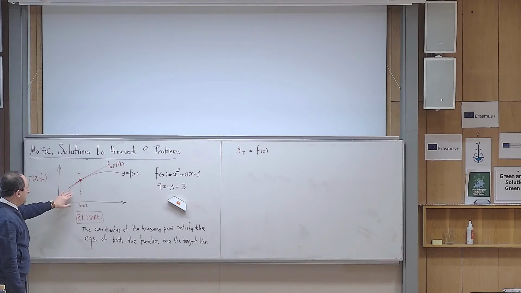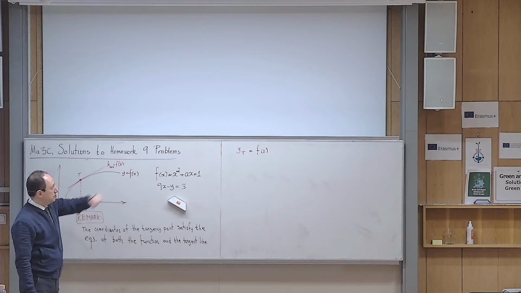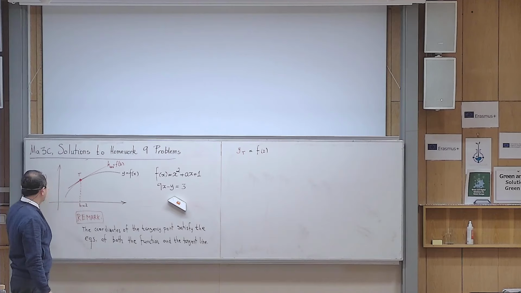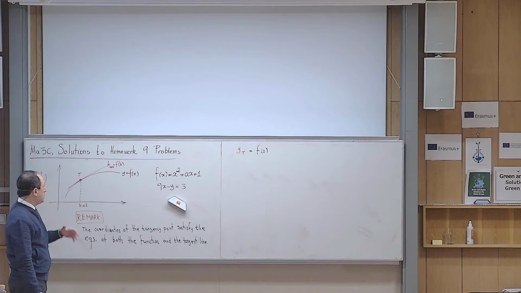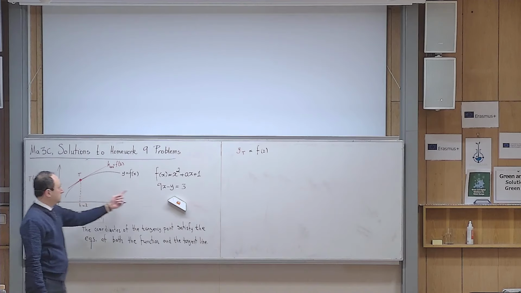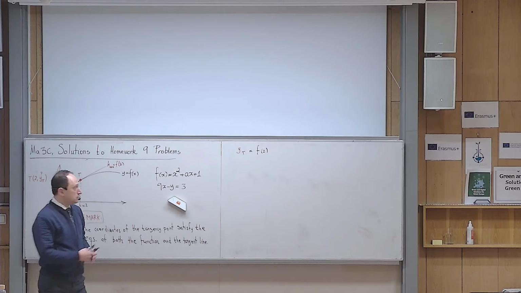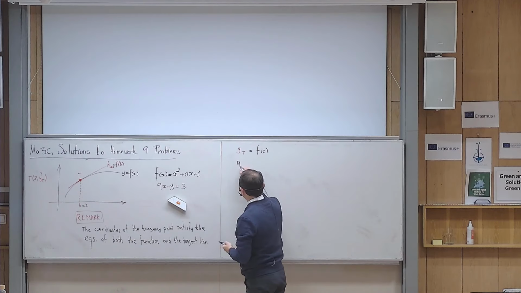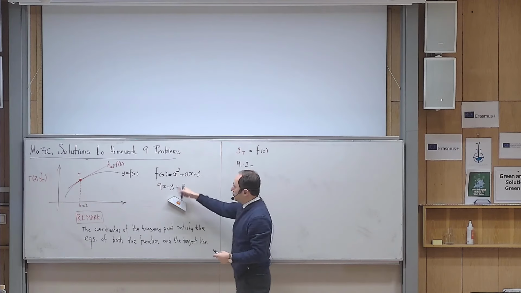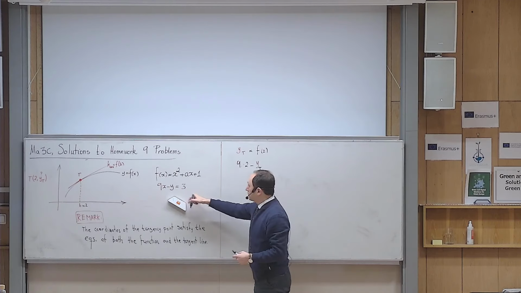Because it is on the curve, it means that when I go to the equation, replace y with y_T, replace x with the x-coordinate 2, that equation should hold. But also, if I go to the line and do the same thing, it should also work. So if I replace x with 2, the x-coordinate, and minus, instead of y, I put y_T, it should be equal to 3.